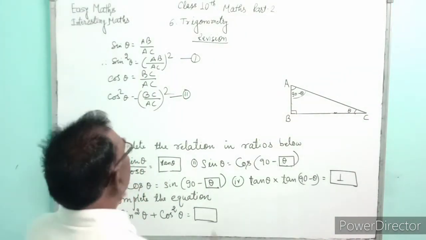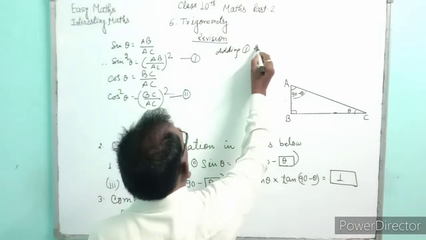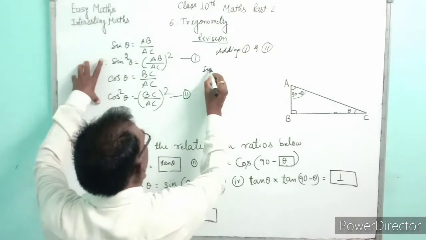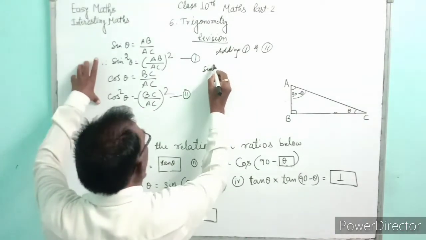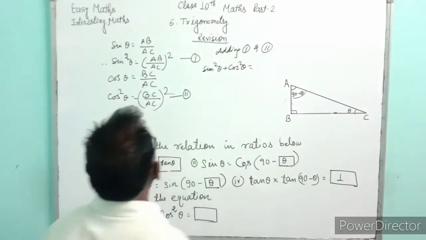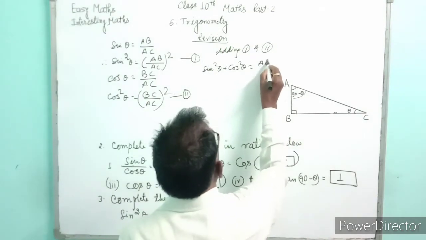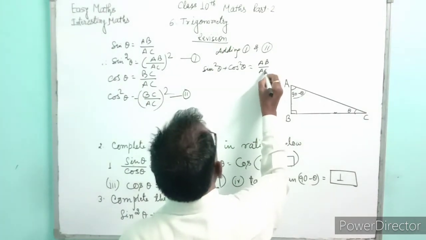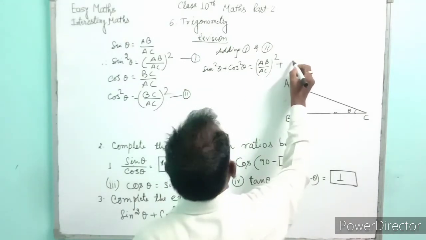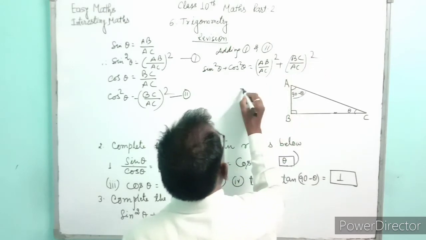Now adding 1 and 2. So first we add the left hand sides of equations number 1 and 2. Sin square theta plus cos square theta is equal to (AB upon AC) square plus (BC upon AC) square.